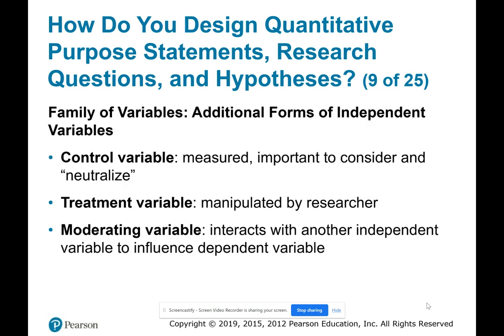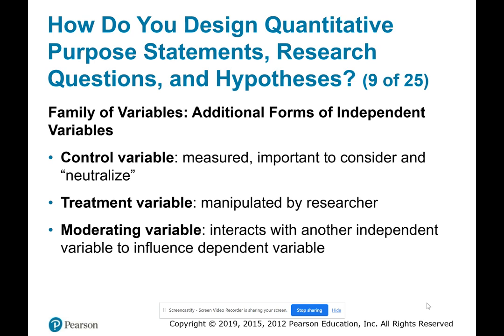A control variable is a variable that is important to consider and neutralize because it can potentially influence your dependent variable. A treatment variable is measured in categories to determine its effects on an outcome dependent variable, also known as manipulated variables or variables with levels. Experimental researchers refer to these groups as levels.